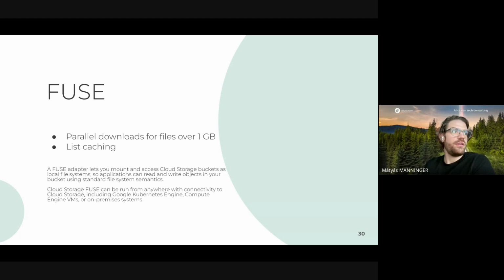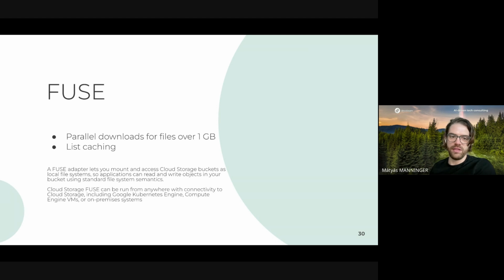All right. Next up is a feature I don't see being used too much, but I think is very cool, the Fuse library or adapter for Google Cloud Storage. Basically, you can mount a cloud storage bucket as a local file system to a virtual machine or Google Kubernetes Engine or on-premises system.